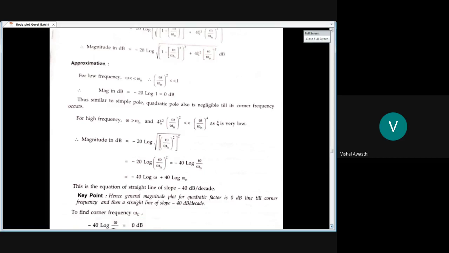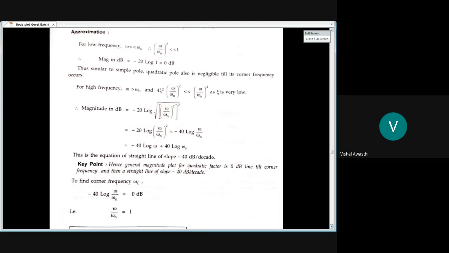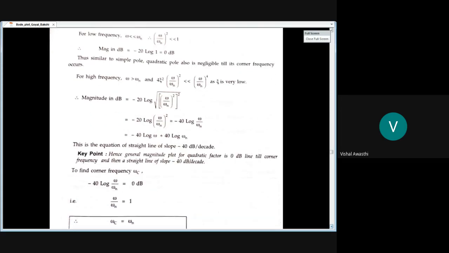Again, now the same thing. Now it's the corner frequency. Initially, in the low frequency range, you are having 0 dB. And for your high frequency, you are having minus 40 log (omega upon omega n). So when you solve this one for the value of omega, you will have omega c is equal to omega n.